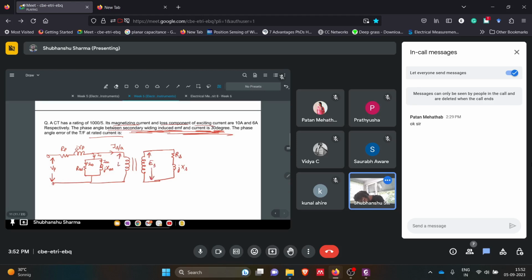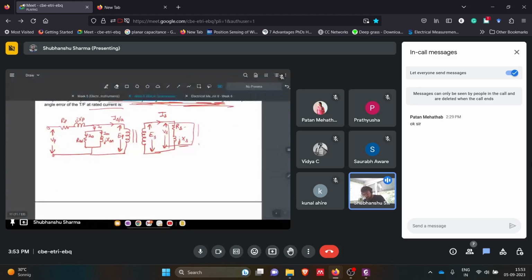This is EP which induced ES. This is secondary side current IS. So these are the imperfections of the secondary winding, that is the resistance it has and some inductance. And this is VS, the voltage around these windings. Fine.